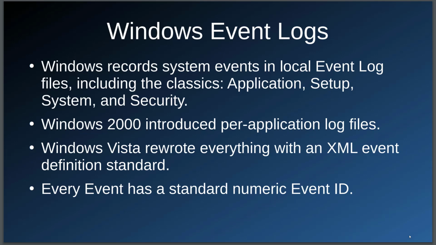An important thing to remember about Windows event logs is that every event has a standard numeric event ID. If I look for event number 1102 in my Windows environment, that is going to mean the exact same thing on every Windows machine across my entire fleet. So that's very helpful for threat hunting or for building alerting when we want to see a particular event happening.